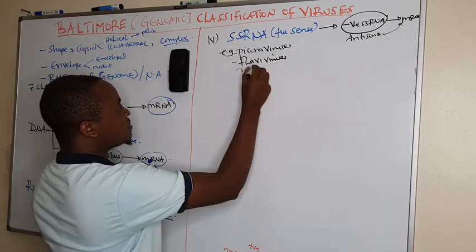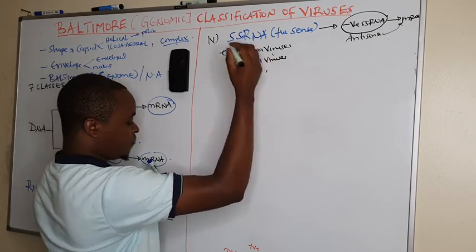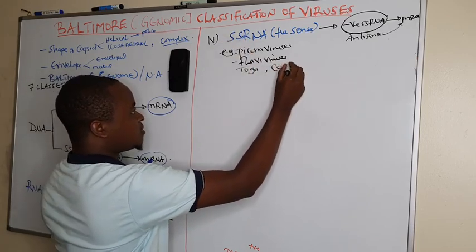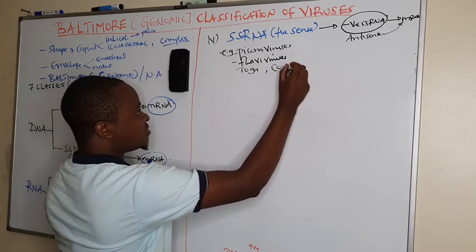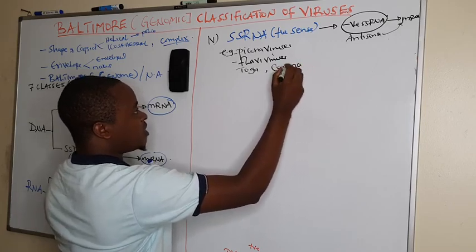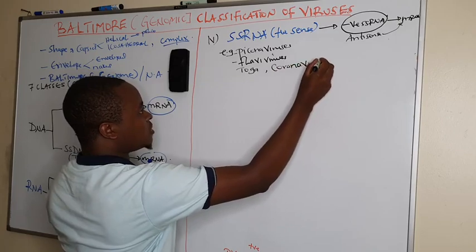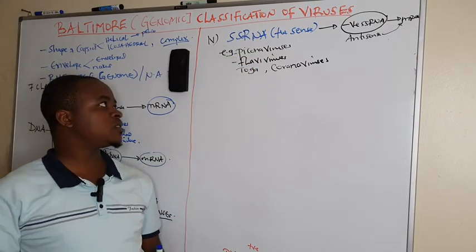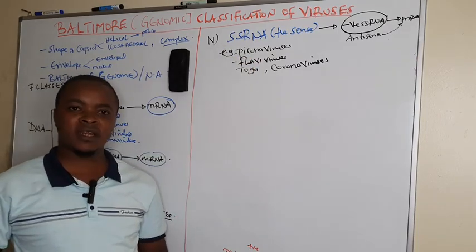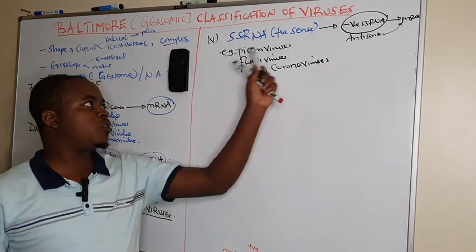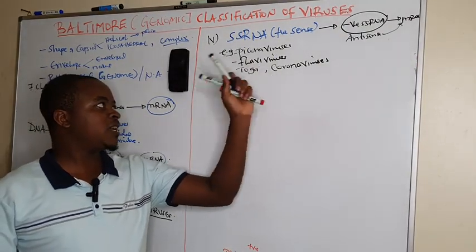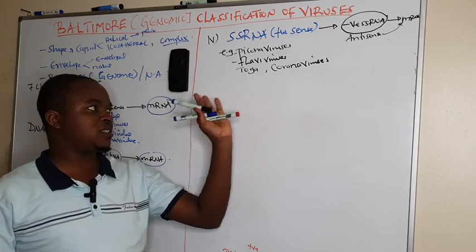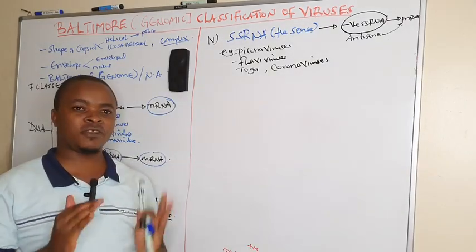Then we have togaviruses. We have coronavirus, which we are calling COVID. Coronaviruses also belong here. So these are the 4 examples of single-stranded RNA with the positive sense. We have picornaviruses, flaviviruses, togaviruses, and coronaviruses or coronaviridae.